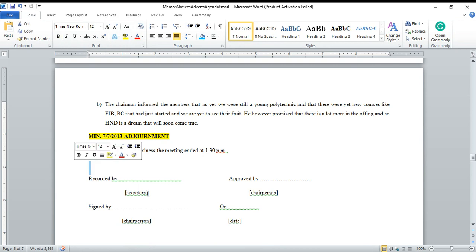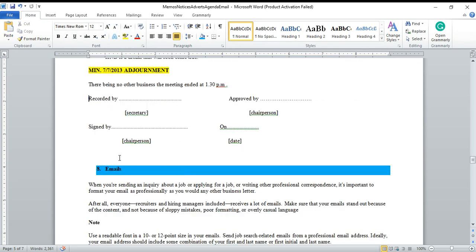Adjournment means that you are closing the minutes. The adjournment will have the people that sign it: recorded by the recorder, in this case the person writing the minutes. When adjourning, you must indicate exactly what time it ended, so 1:30 p.m., approved by the chairperson, like that.